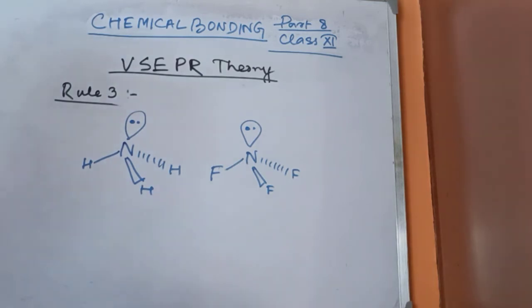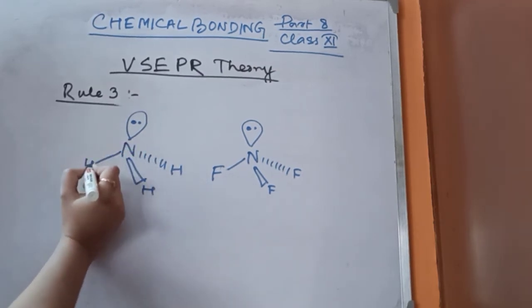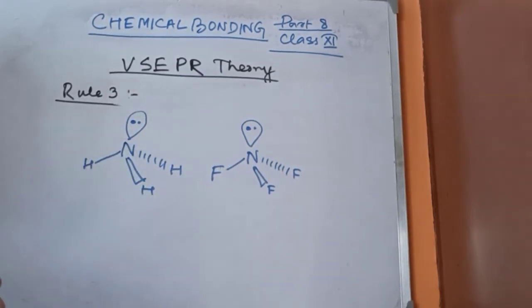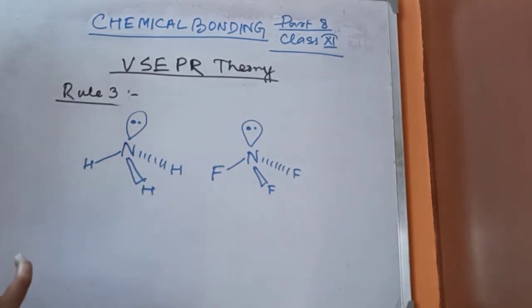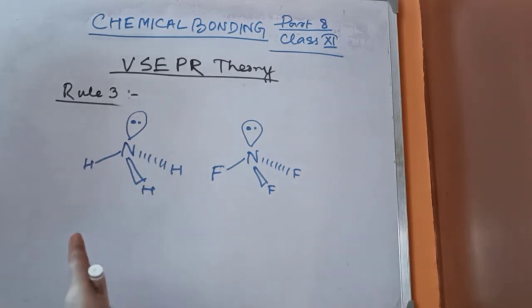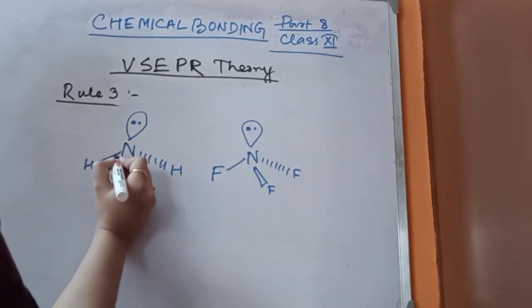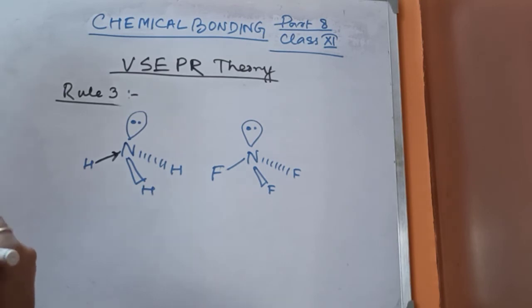Now, in ammonia, nitrogen is much more electronegative than hydrogen. So, if nitrogen is more electronegative, what will it do? It will pull the shared pair of electrons towards itself.